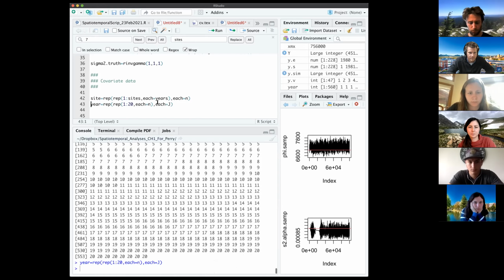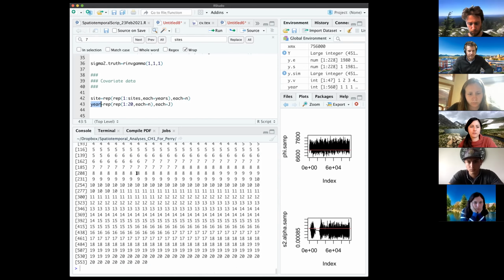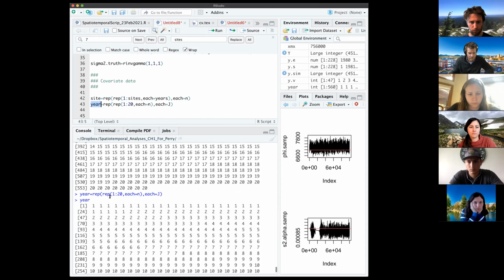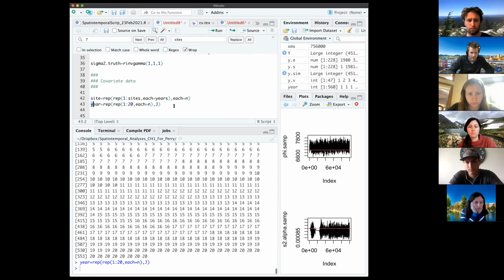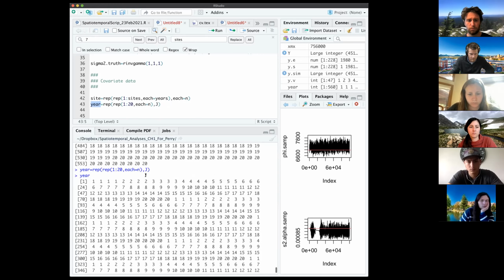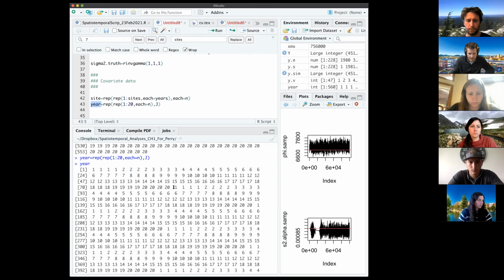I think this will do it. No. There it is. So first 4 observations at site 1 in year 1. First 4 observations at site 1 in year 2. And then we go to first 4 observations at site 2 in year 1.